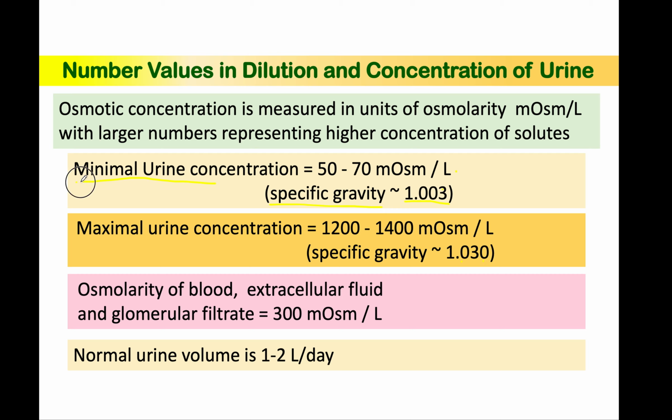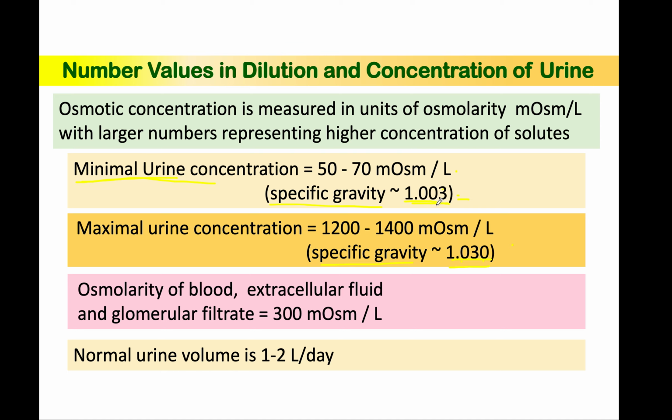So if the urine is diluted and minimally concentrated, then its specific gravity is low. And if it has too much solid in it, it means that the water concentration is less, then the specific gravity is high. And this is the range between here and here.